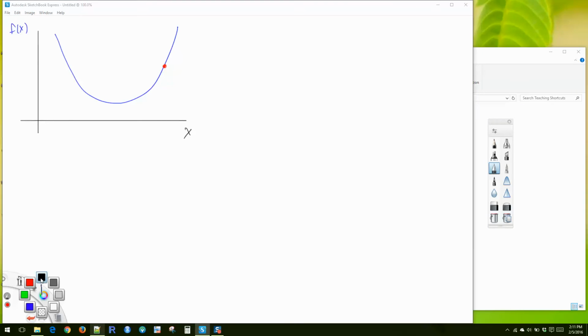So let's say this is x at time t, and x at time t plus 1 is going to be equal to x at time t minus alpha times, and in this case the gradient will be the derivative of our function, the derivative of f at x at time t.